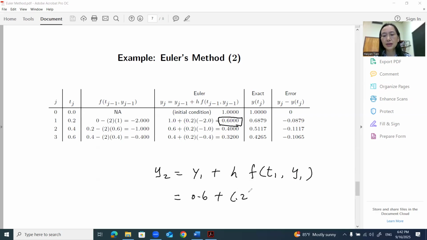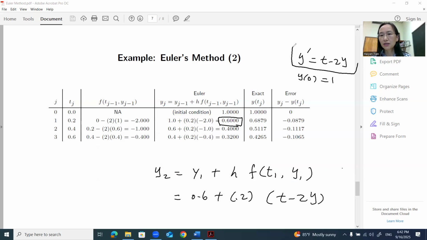Still 0.2, a constant step size. What is the right-hand side function? It is given in the equation, T minus 2y, with the initial data.